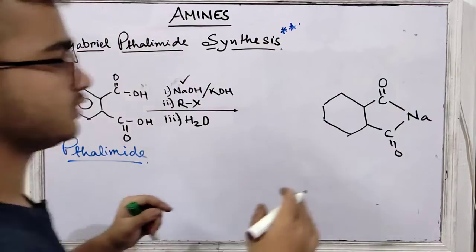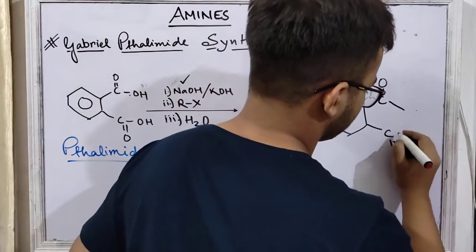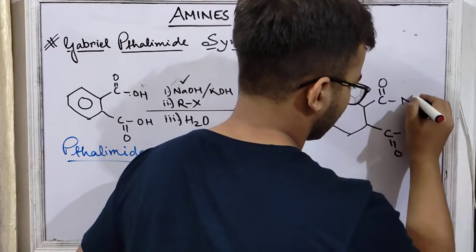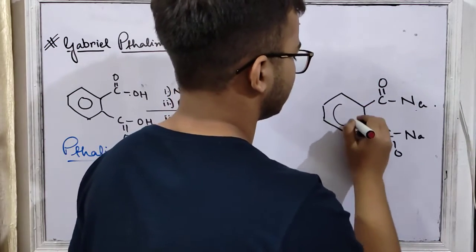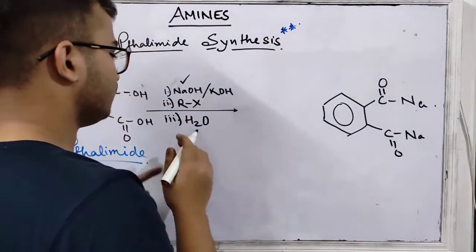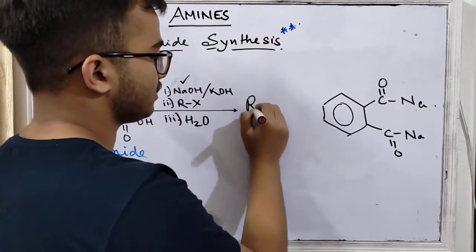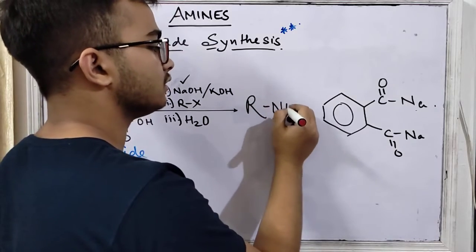I'm sorry, I made a mistake, and this entire thing will join with Na. But we are not concerned about this because this is not an amide. We get the amine from this RX. Okay, so you get RNH2.